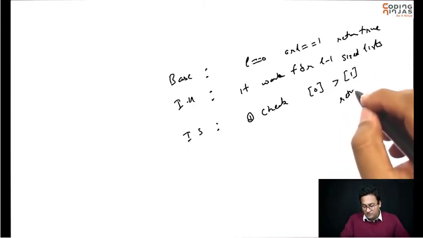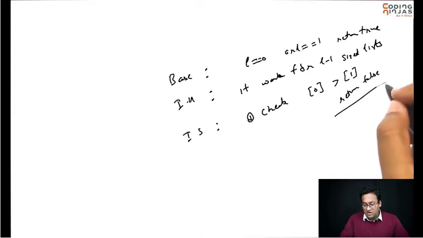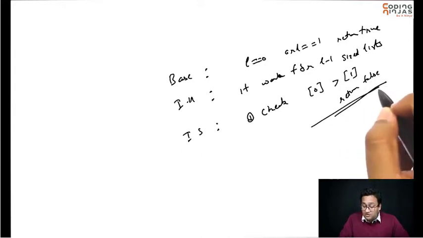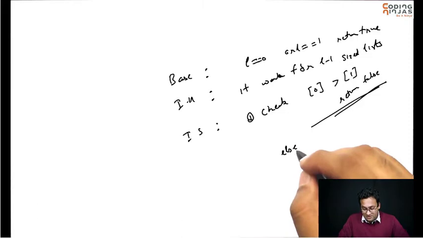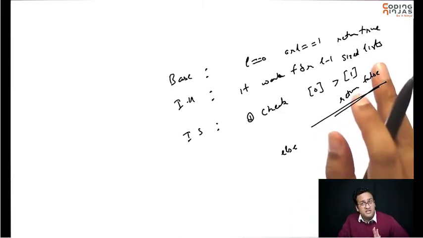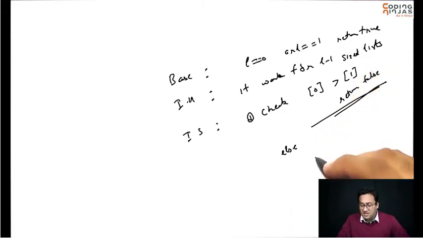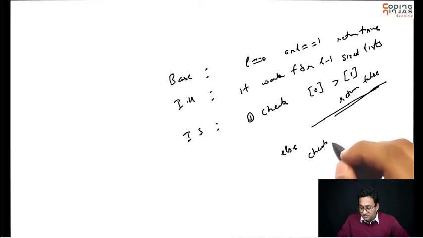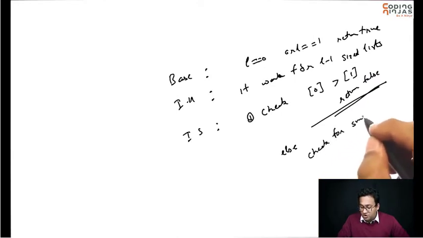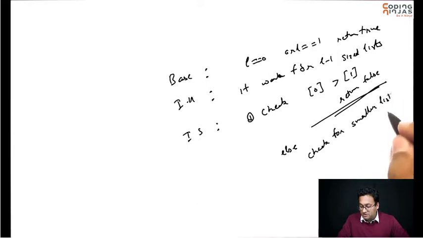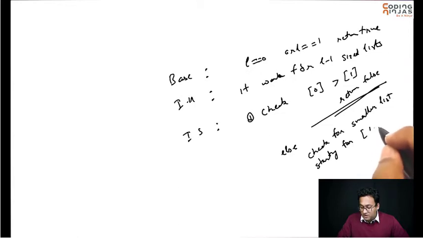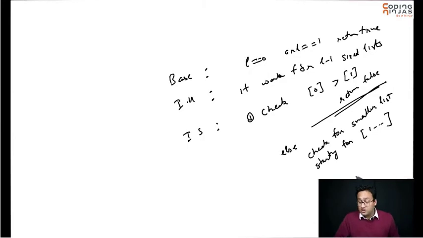I'm going to return false because that's not allowed. In case this is not true, else, that means the first two elements are in the right order. In that case, I just need to check for the smaller list starting from 1 till the end. I'm going to call my function on this smaller list, and based upon that output I'm going to return my output.